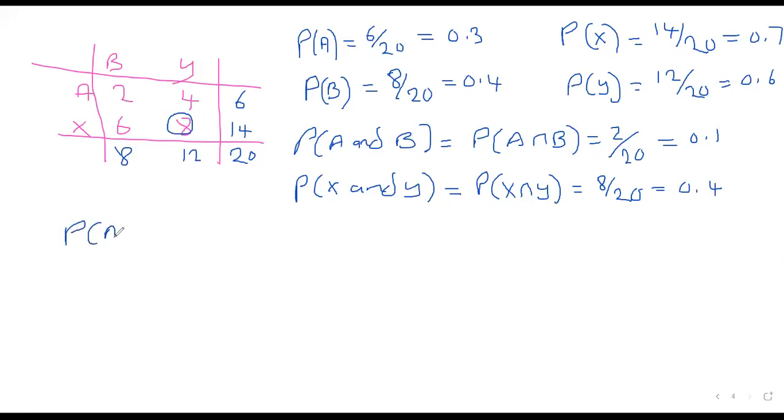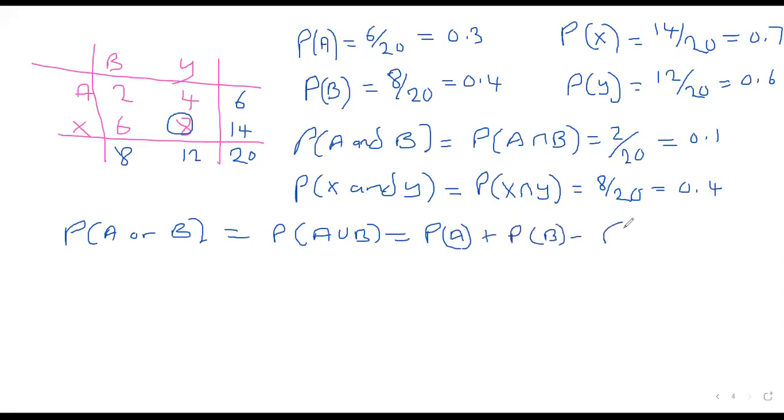Then when we say A or B, or means what? Union set. So who remembers the formula for A union B? Probability of A plus probability of B minus probability of A intersection B. So what is the probability of A?